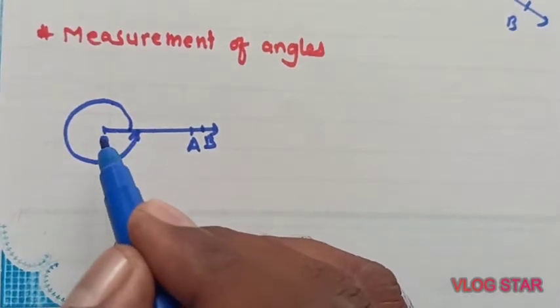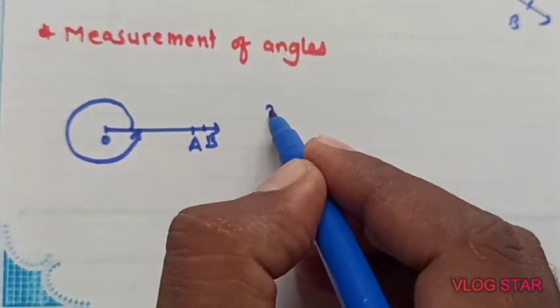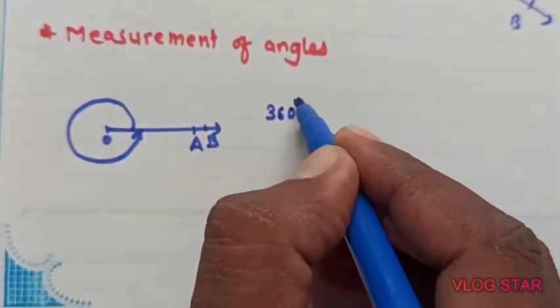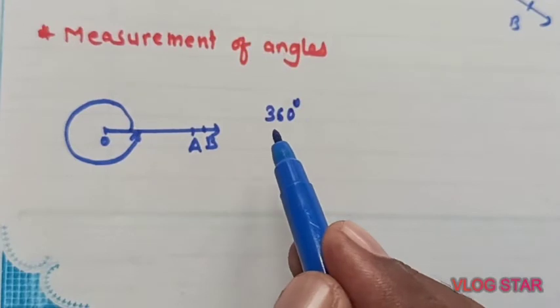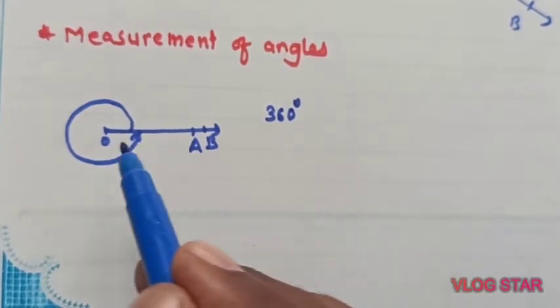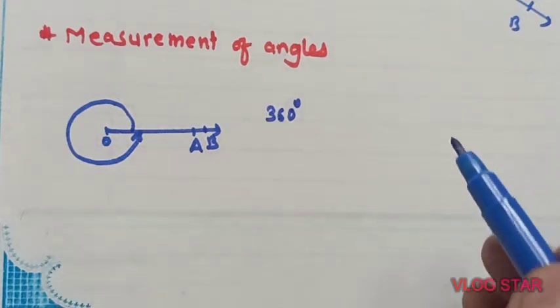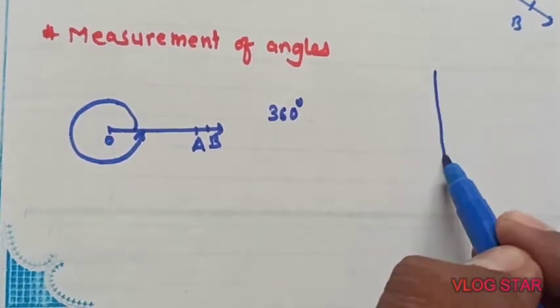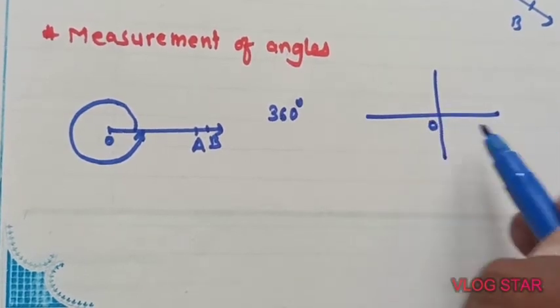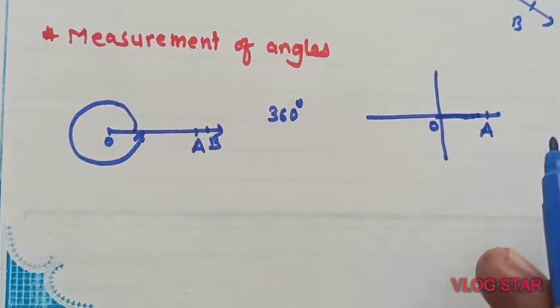We will assume this complete rotation as 360 degrees. One rotation is 360 degrees when it is considered in the anti-clockwise direction. So you can imagine what will happen if this is your initial arm and you start rotating.